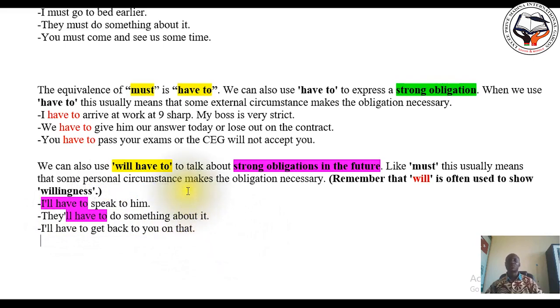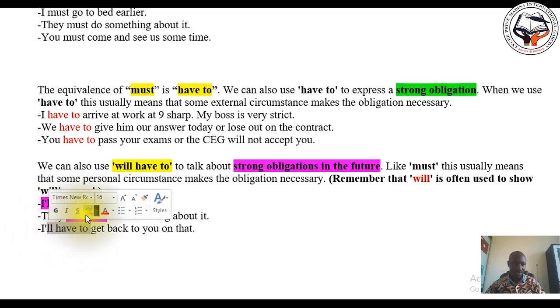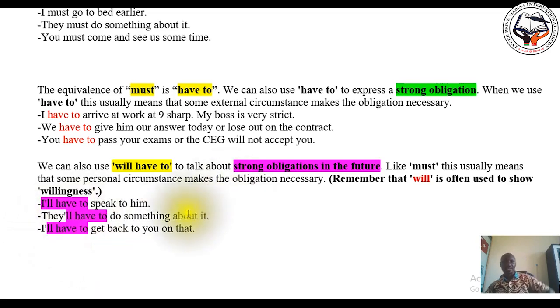I'll have to get back to you on that. Here we see some obligation in the future.